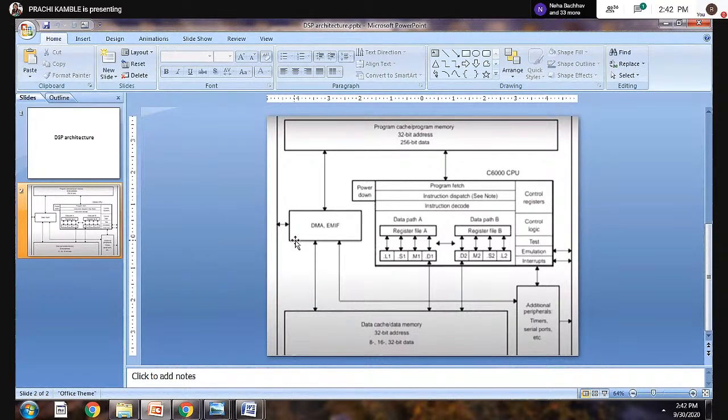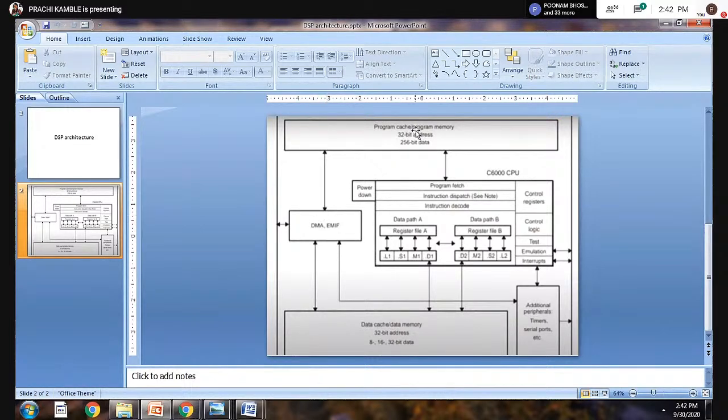Likewise, as I am telling you here, this DMA is direct memory access. It has an internal DMA controller which controls this activity. What activity? Registers accessing the memory directly.